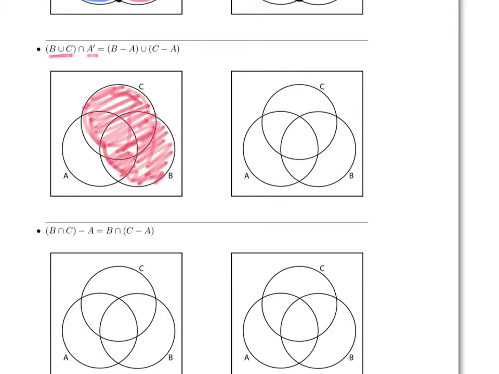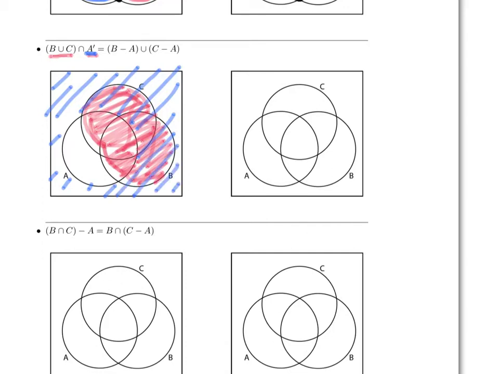Now, a complement is also easy to visualize because a complement is all of the stuff that's outside of the circle A. So it's very easy to shade a complement by just shading everything that's not inside of the circle A.